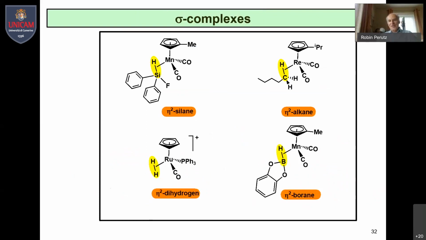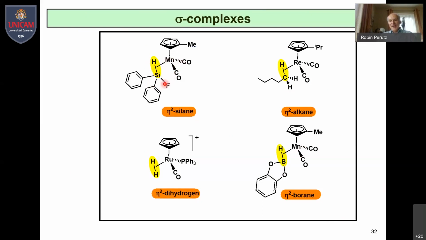So just a word about sigma complexes in case you're not very familiar. Here are 4 half-sandwich sigma complexes, one with a silane, SiH, bound to manganese. And the point about this is that both the hydrogen and the silicon are in bonding distance to the manganese.